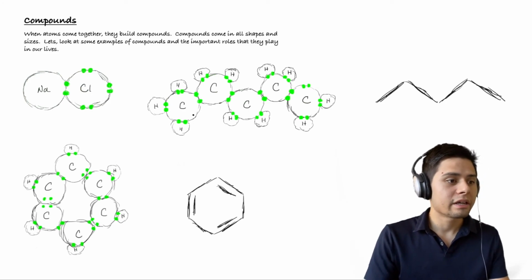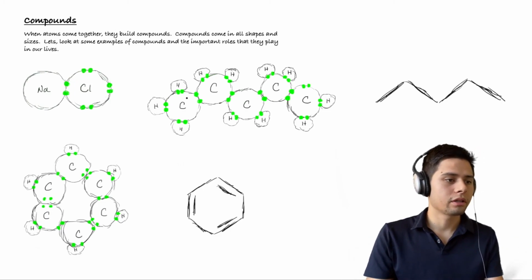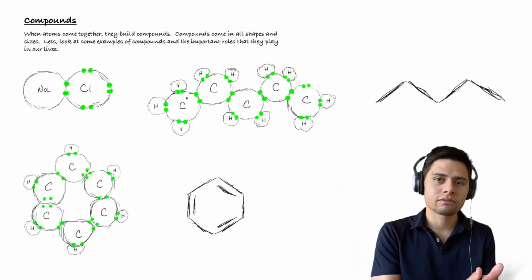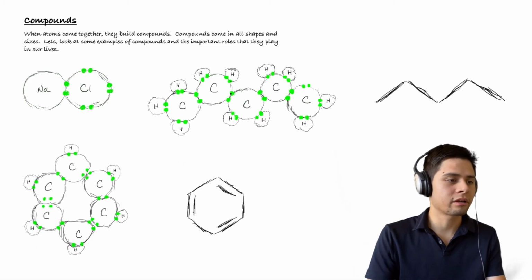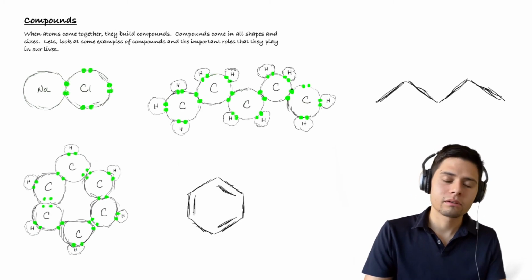Here we have 5 carbons attached to one another in a chain-like fashion. The Greek prefix for 5, I believe, is penta. And so we call this pentane.